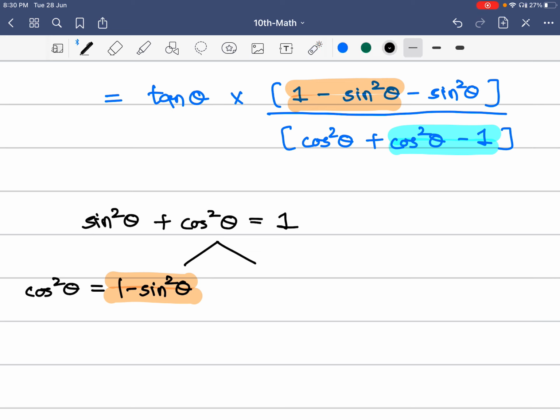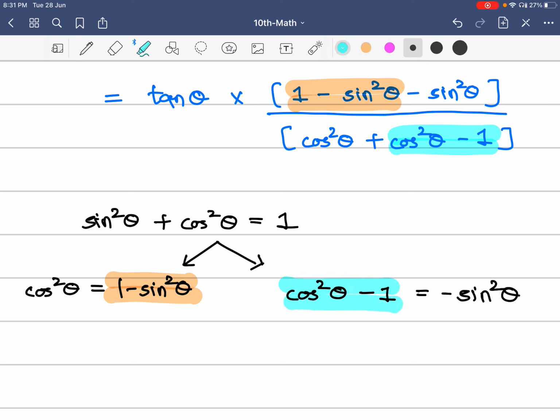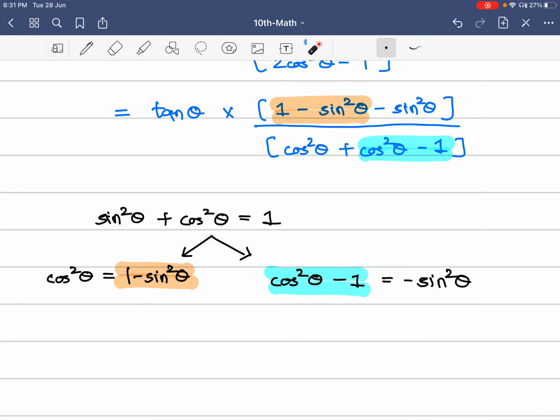And the second thing is cos square theta minus 1. If I bring cos square theta and minus 1 to the left hand side, on the right hand side I get minus sin square theta. And that is exactly the thing we have marked in the blue. So I'm going to substitute these values in this equation.